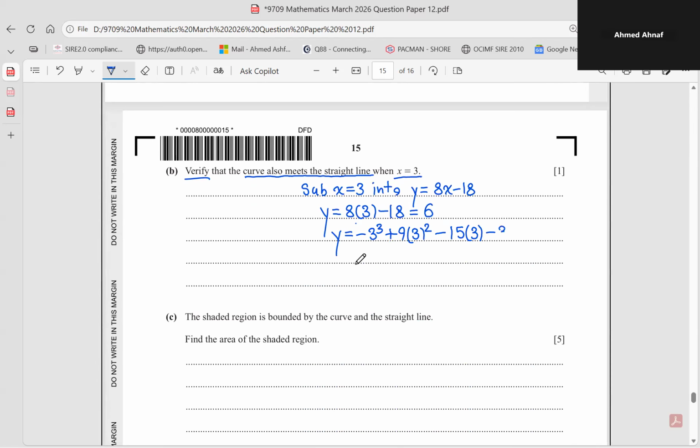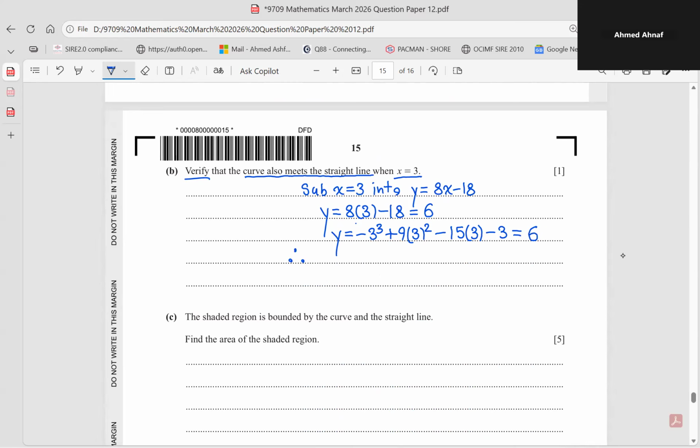You just type it into a calculator, and yes, you also get 6.